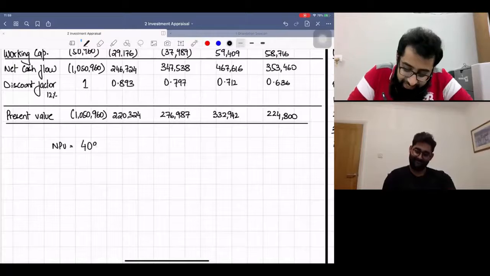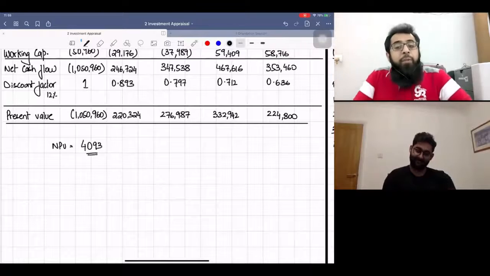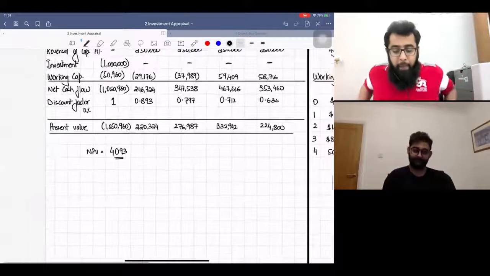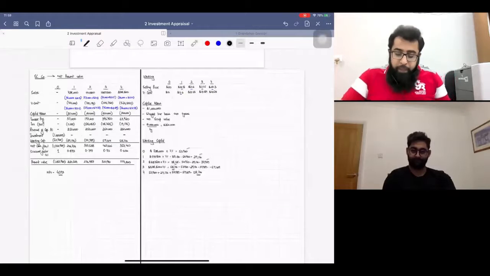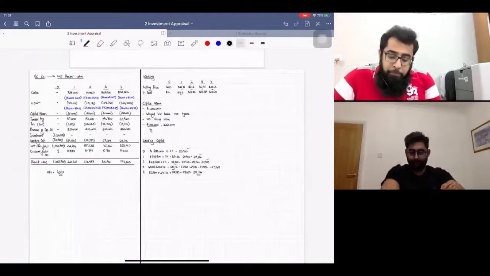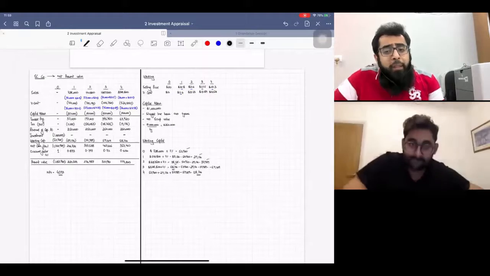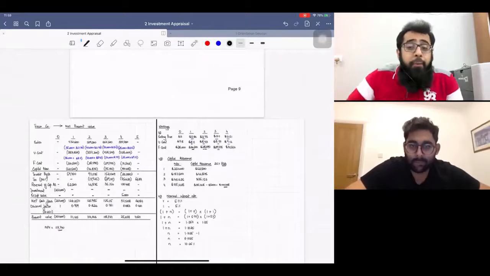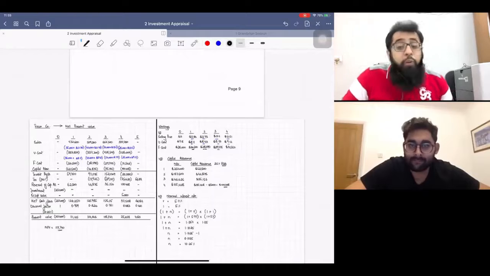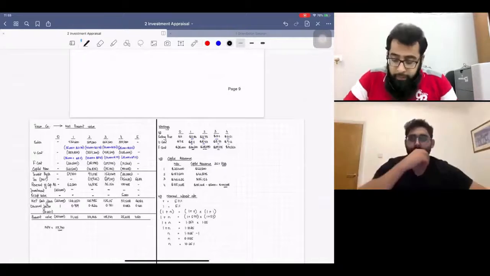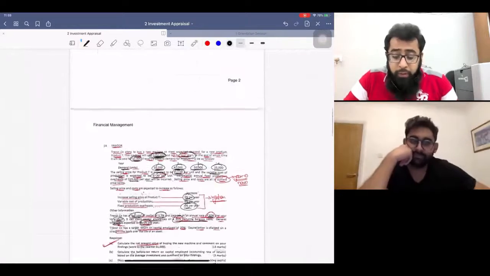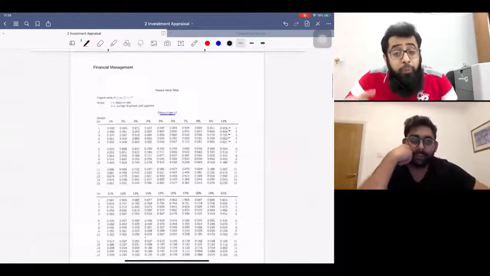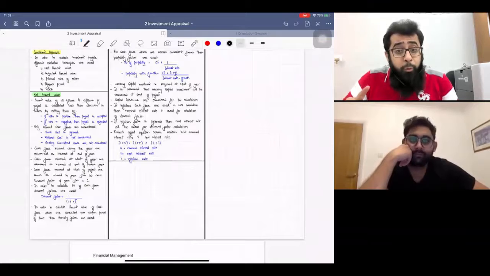Yes. So the net present value is 4093. Okay. So if you look at it, now these all are the basic questions. Now these all are basically the preparation for the advanced question, because once you go for foreign investment appraisal questions, they will be really difficult ones, because you have to convert the currencies, you have to charge tax of two countries, the double tax treaty issues.